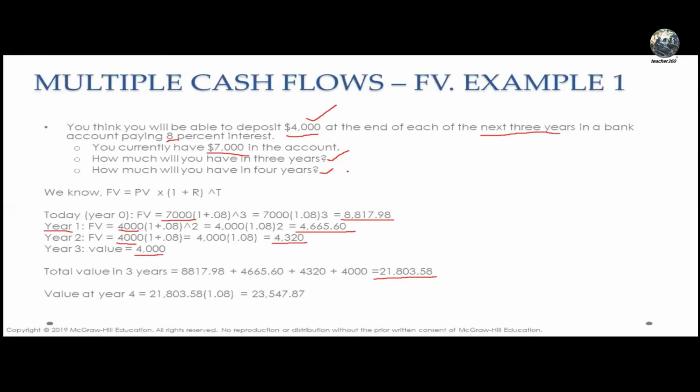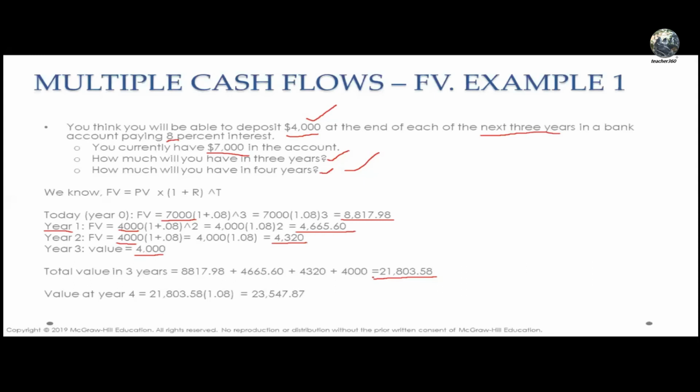So now you have to answer how much you will have in 4 years. Since you have already got the future value of the 3 years, you only have to find the future value for year 4. Remember that the future value of last year is always the present value of the current year.